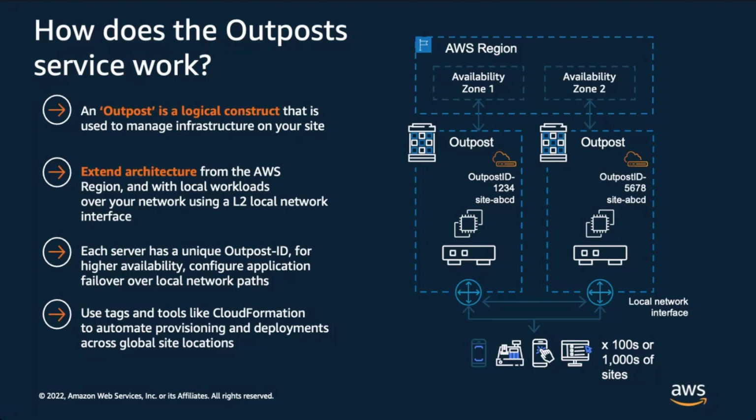But also on Outpost servers, and we'll talk about the services, we don't have all 200 services or all the services that we have in the region running on an Outpost server, for a lot of different reasons. But because we're connected back to the region, you can still leverage those services that are not on the Outpost, but in the region, using that connection. And you can still use all of your other tooling that you might be using today in a region.